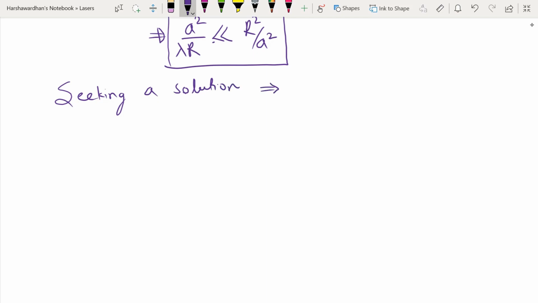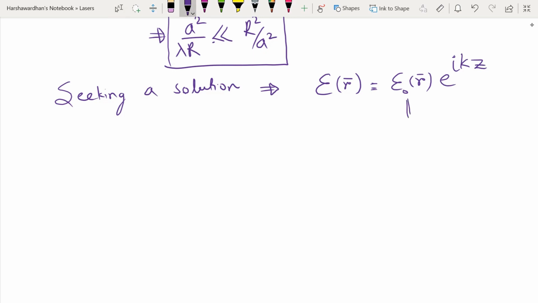and the solution is such that my E of R, the spatial part of the electric field, is simply E naught of R, which is some amplitude, times a large spatial dependence on the Z, which is coming out of sheer propagation.